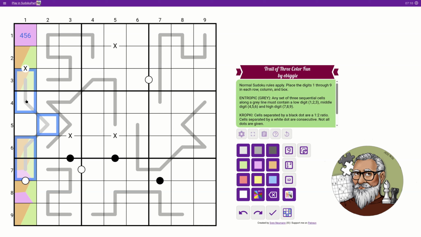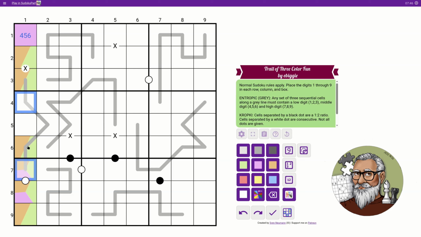Maybe. These are of the same color. These are of the same color as well. Yeah, I have no idea.